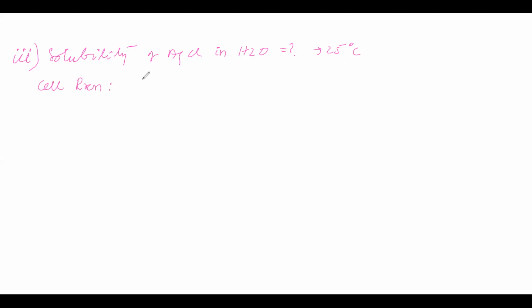We have got the cell reaction already in the first subdivision. The cell reaction is AgCl solid plus half H2 gas gives Ag plus, Cl minus aqueous and H plus aqueous.